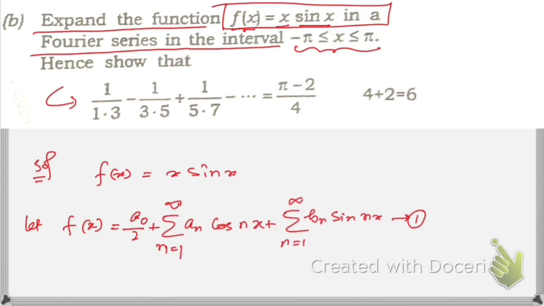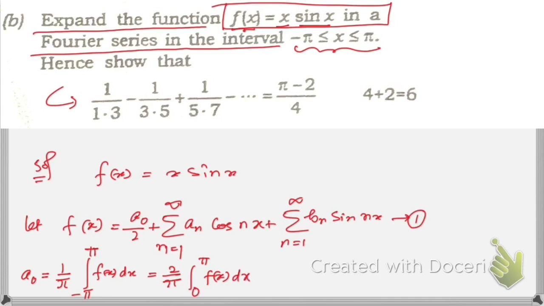Now you see, what is a naught here? How to find a naught? In order to find a naught, a naught is equal to 1 by pi integral from minus pi to plus pi of f of x dx. You can change the limit from minus pi to plus pi into 0 to pi, in which case you have to write 2 by pi integral from 0 to pi of f of x dx, right?